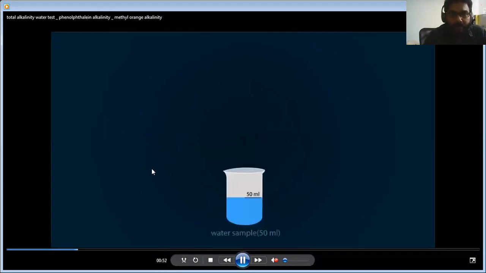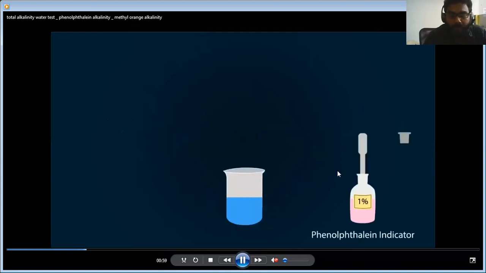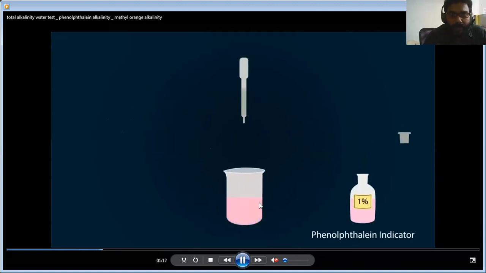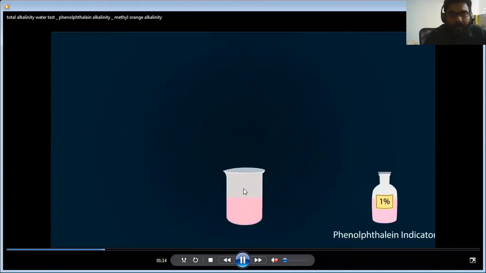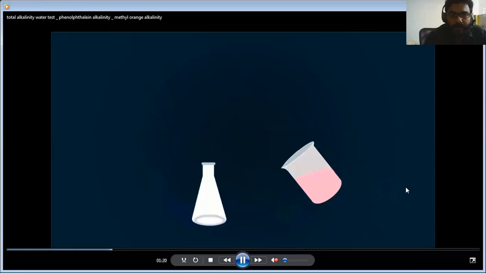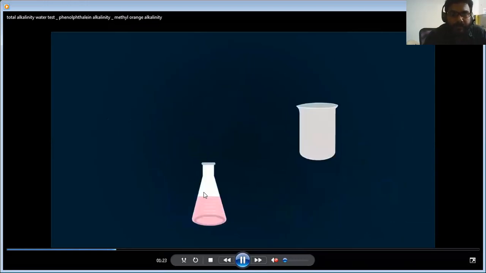First of all, you should take 50 ml of water in a beaker and add 2 or 3 drops of phenolphthalein indicator. Now the water color changes to pale pink. No change of alkalinity, we are just adding indicator. This solution is poured into the conical flask.